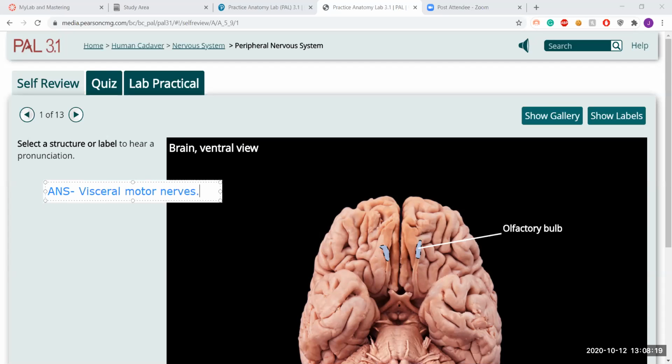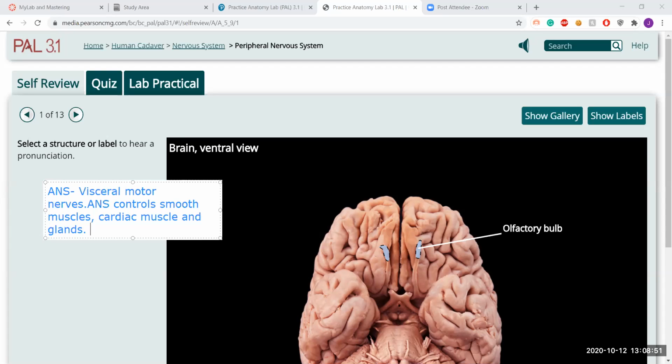That means these are the group of motor neurons which control your visceral organs. So ANS controls smooth muscle, cardiac muscle, and glands. Okay. So basically, the autonomic nervous system controls only three kinds of tissues.